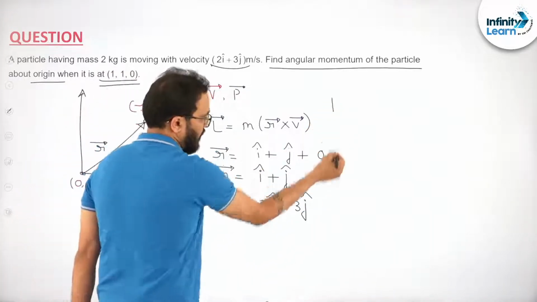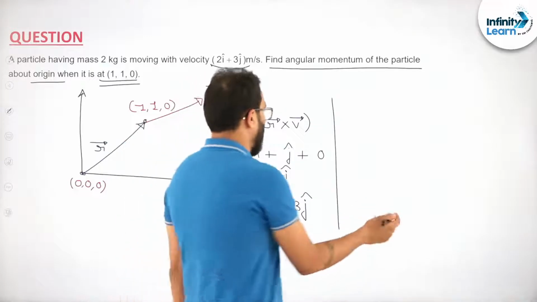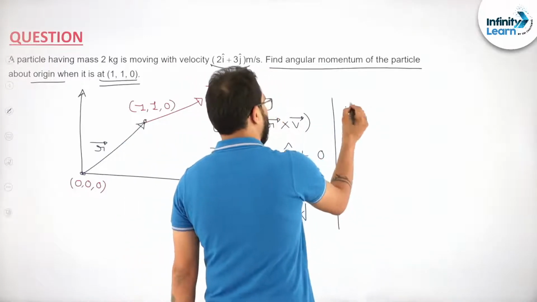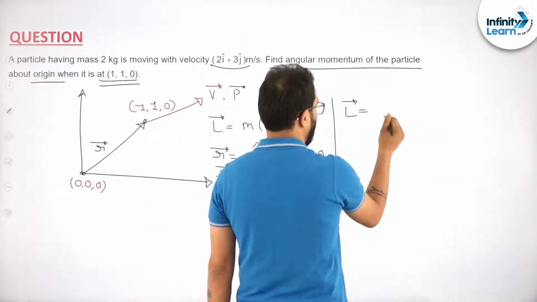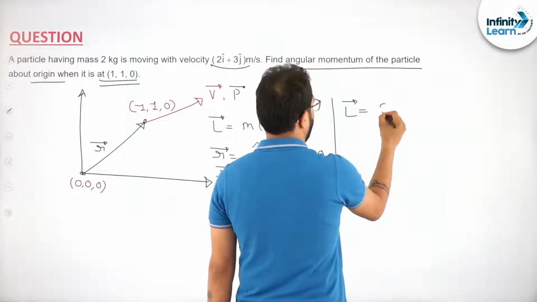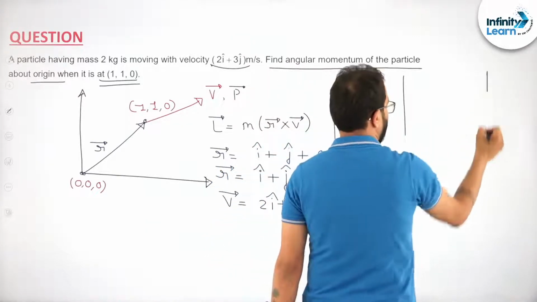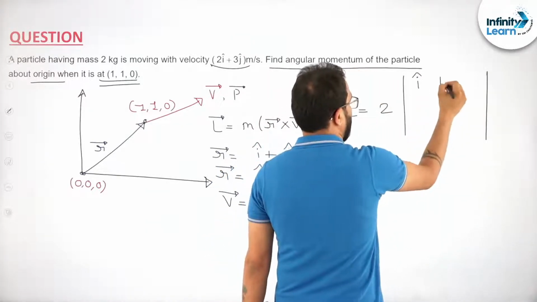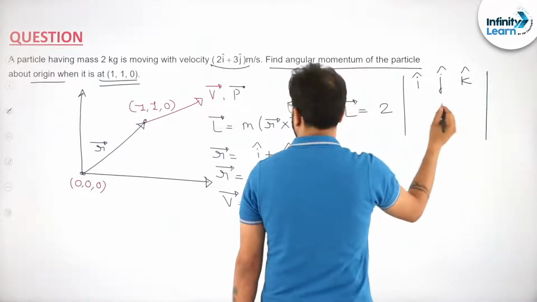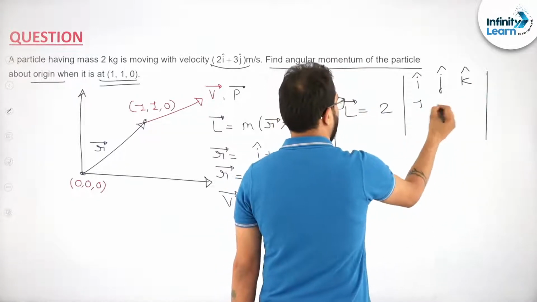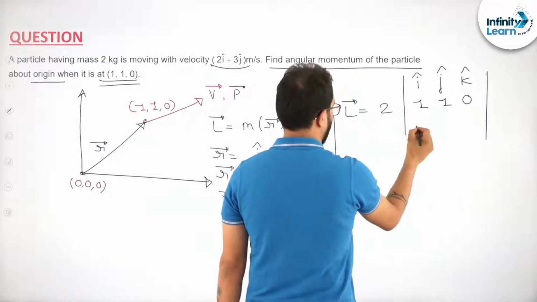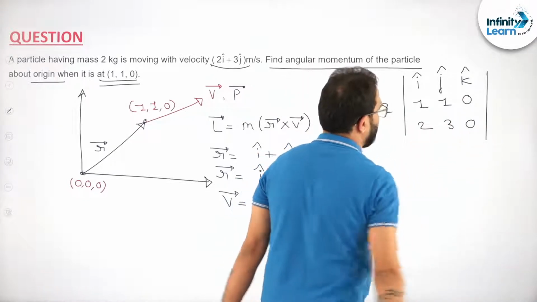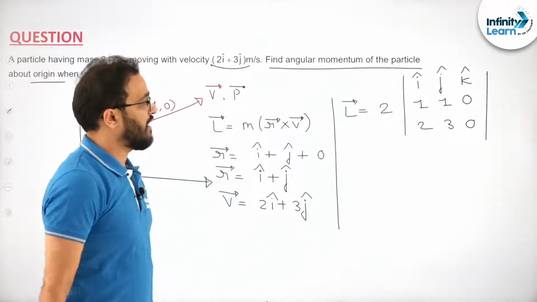Now what do we need? Vector L. So we will do the cross product here, and in the cross product we will say vector L is equal to, mass is how much? 2 kg times the determinant of i cap, j cap, k cap, and r cross v, 1, 1, 0, 2, 3, 0. Okay, so what is going to happen?